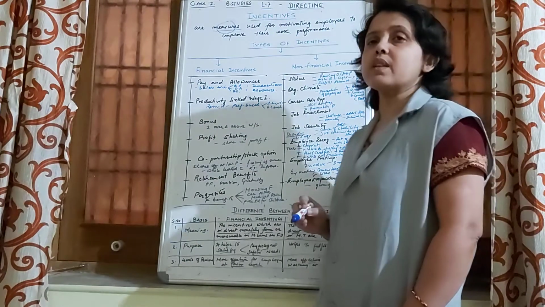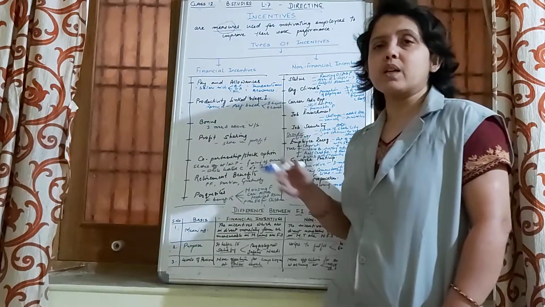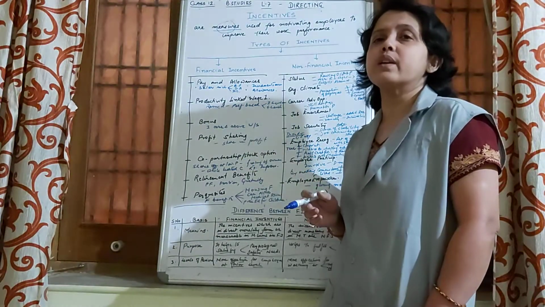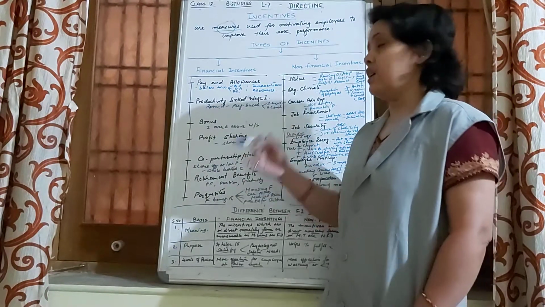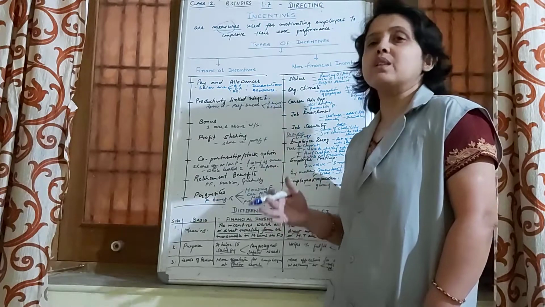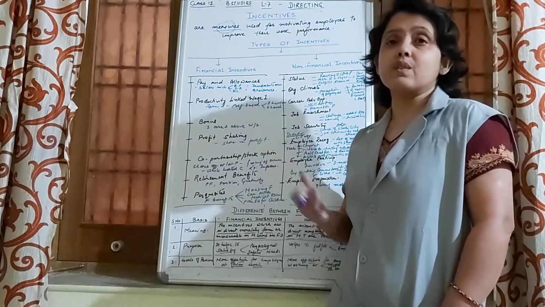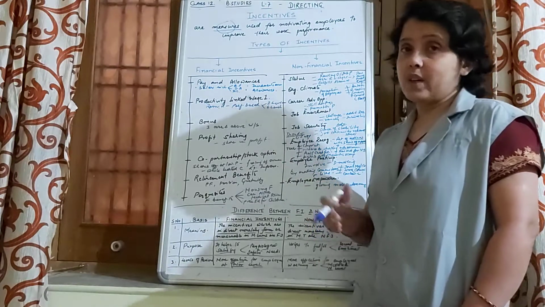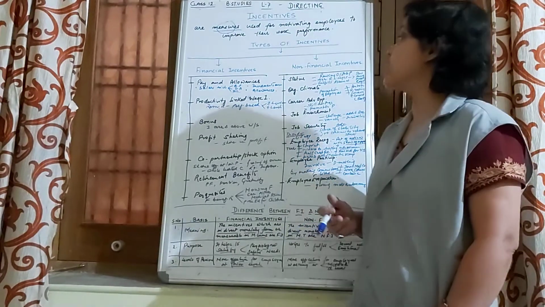That means there are 7 types. In the exams, it may come in the form of direct questions or indirect questions. Sometimes an explanation of any of the financial or non-financial incentives is given in the case study, and there you are asked to identify which type of incentive this is, and related questions are also asked. So be prepared for that.